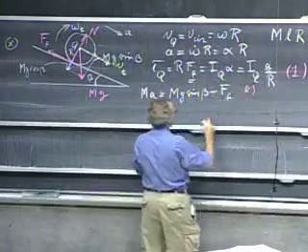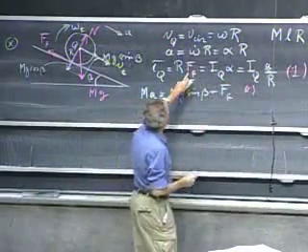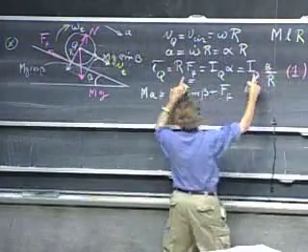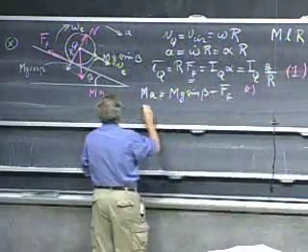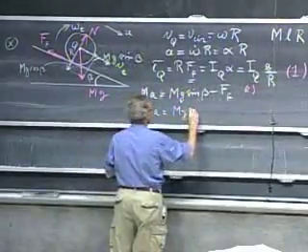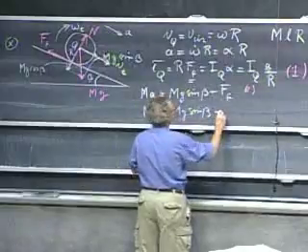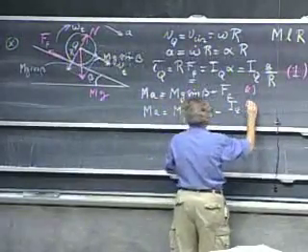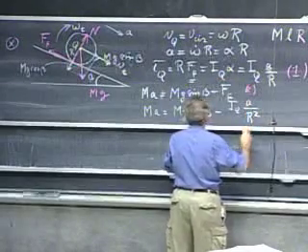I can eliminate f_f, and I will substitute for f_f this quantity divided by r. And so I get ma equals mg sine beta minus the moment of inertia about point Q times A divided by r squared.